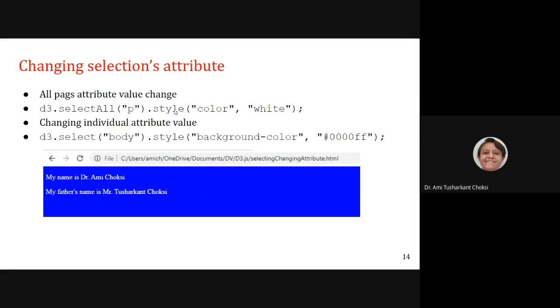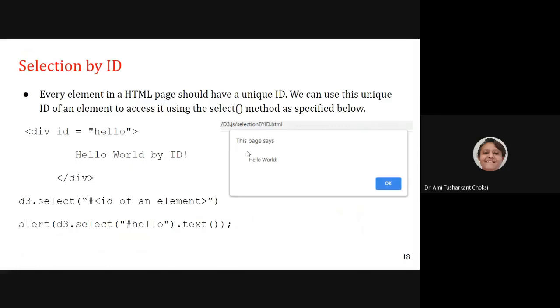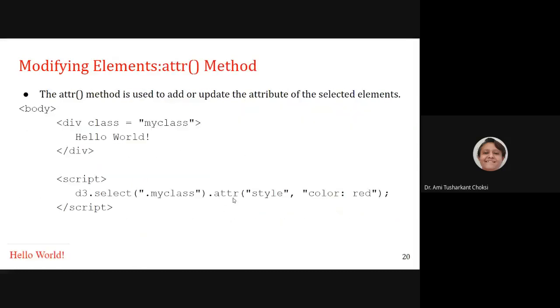That was the case with something like this: dot style, color and white. That is, style was already provided as the function name, then we provided a particular style, and then we provided its color. Here we are specifying the attribute function, that is the attr function.